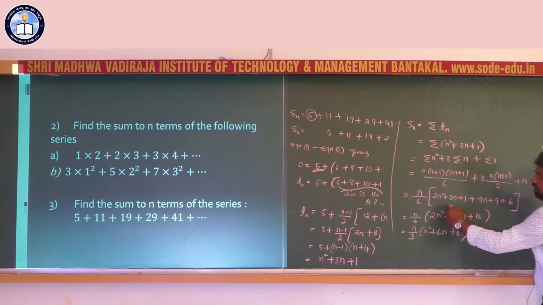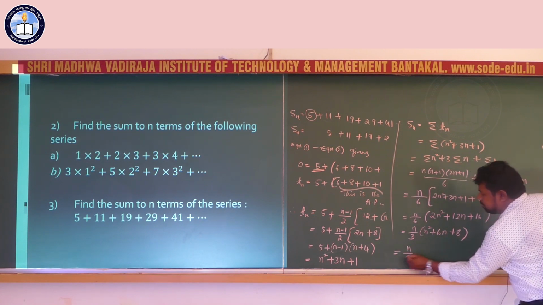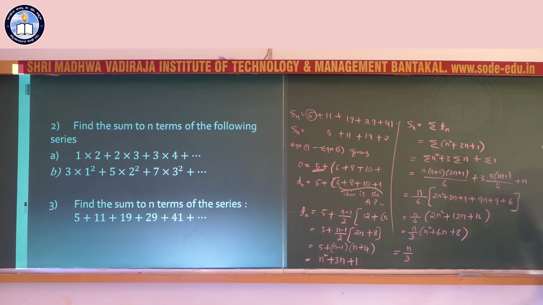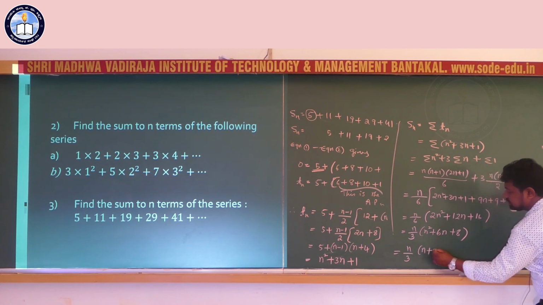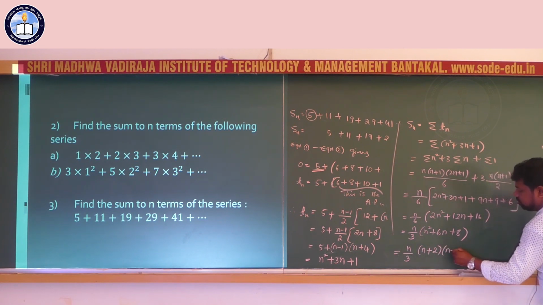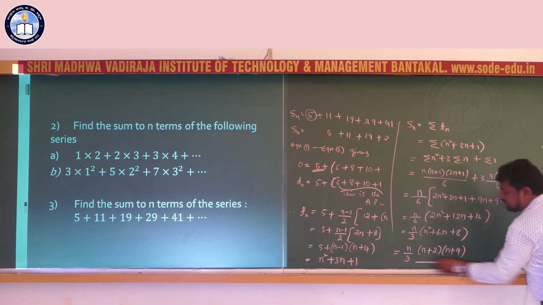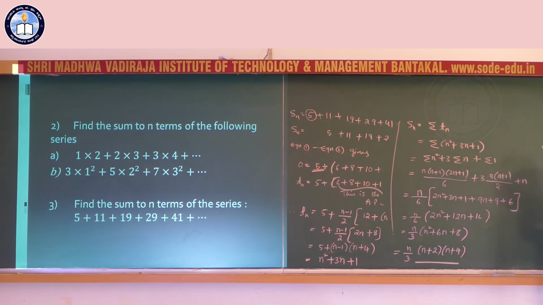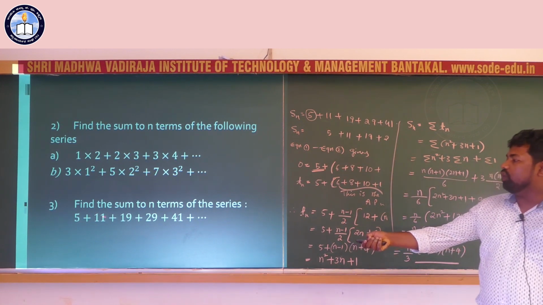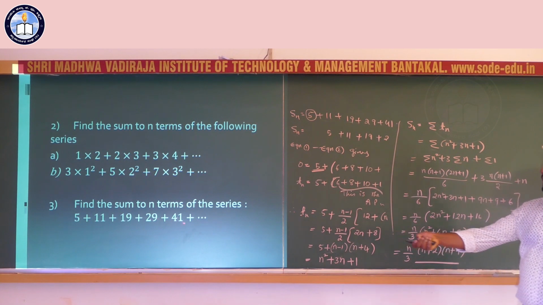Here 2 is common. That can be written as n by 3 into n plus 2 into n plus 4. That is the sum to first n terms of the series 5 plus 11 plus 19 plus 29 plus 41.